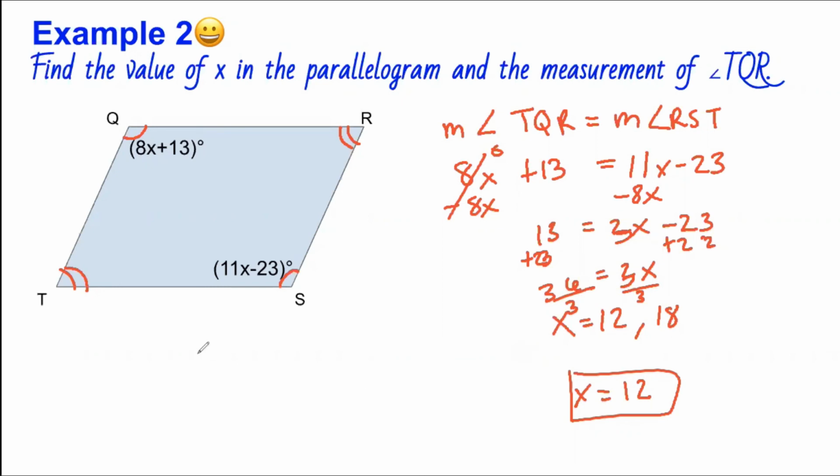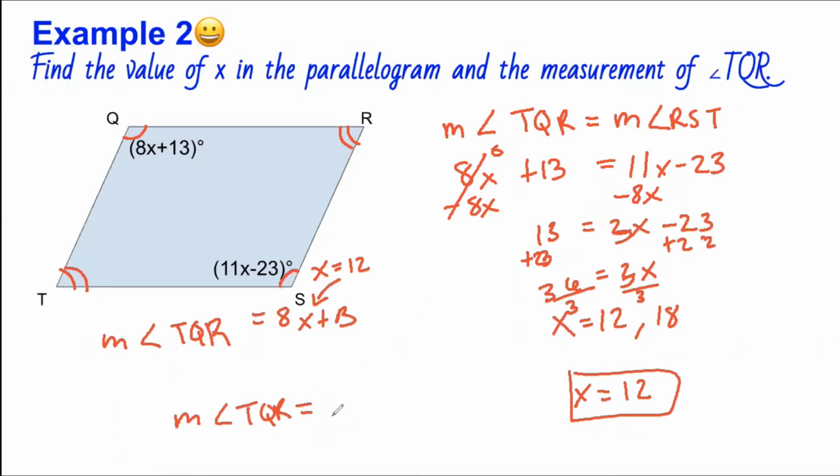All right, so from here, we know the measurement of angle TQR represents 8x plus 13. Let's go ahead and substitute x with 12, and let's see what you get for measurement of angle TQR.